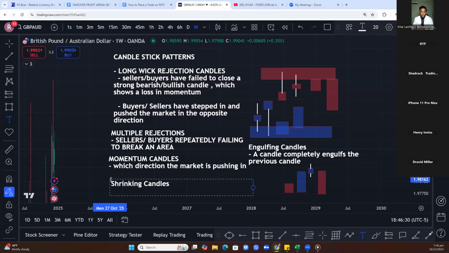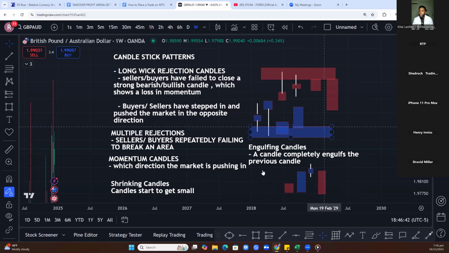So as you approach that supply or demand zone, you're starting to see smaller and smaller candles approaching that area.